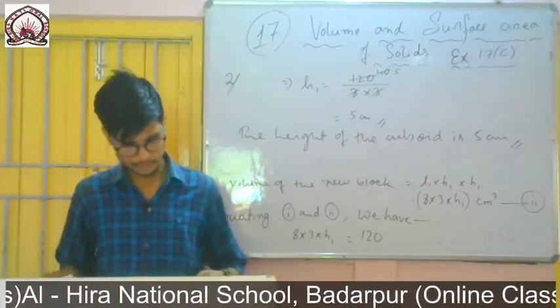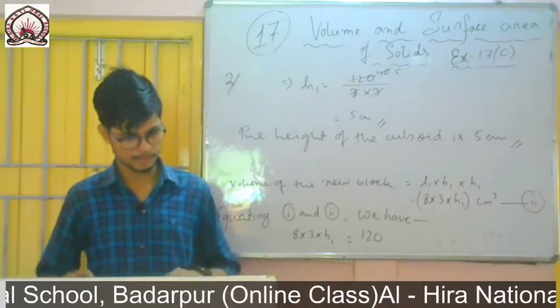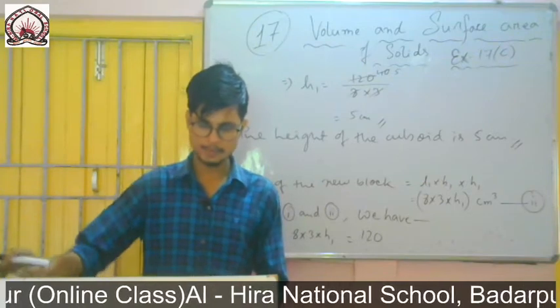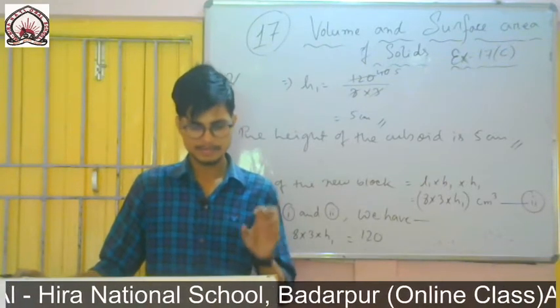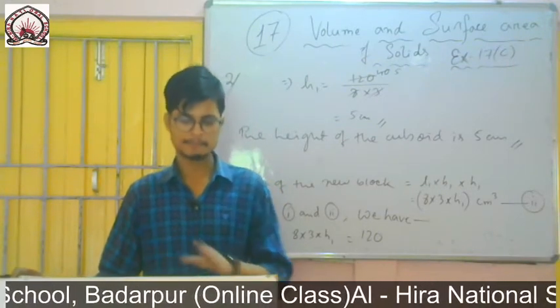The next one, question number 3. How many bricks each of given dimensions will be needed to build a wall of 24 meter long, 6 meter wide. The dimension of a single brick is given, and the dimension of the wall is given.